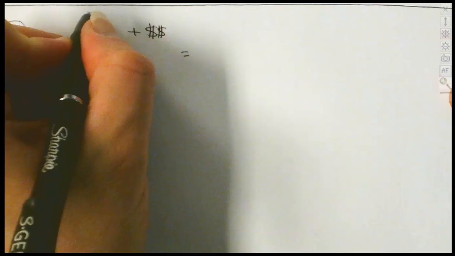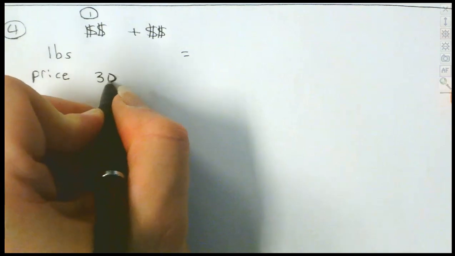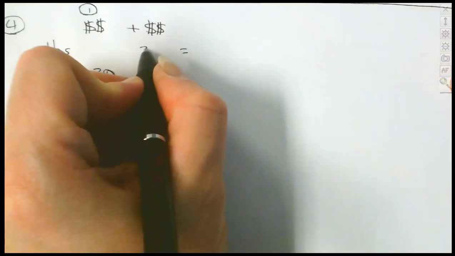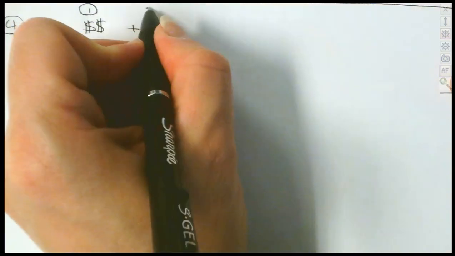So that first one here, it's going to be the $30 coffee. So its price is going to be $30. And then she's going to mix that with 30 pounds of coffee. So number of pounds over here for the second one is 30. And the second coffee costs $80 a pound.